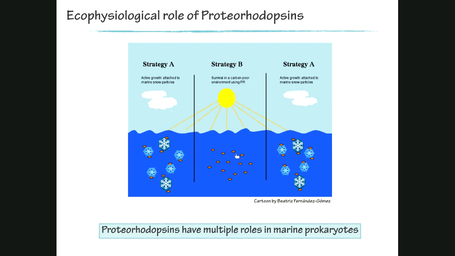And when they are in conditions where, for example, they can be attached to particles or to other dying cells, or they are in a richer environment, then perhaps what they do is increase growth rate and enhance yield.